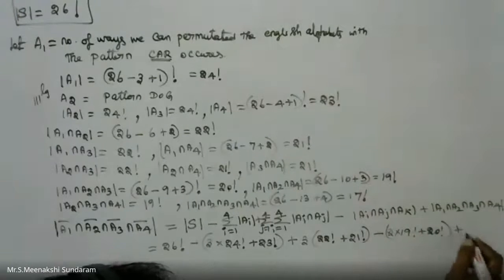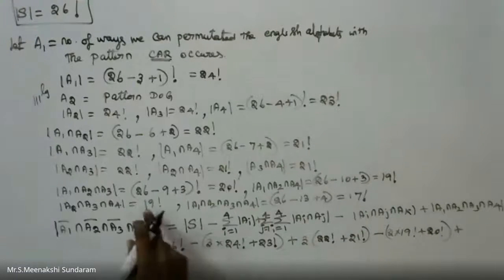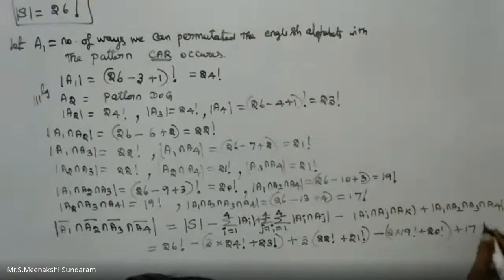And the last case is 17 factorial. So this is the way of combination. Then finally you can simplify and tell the answer. Once you simplify, you get the final values. So this is the way of using inclusion exclusion. That is the procedure.